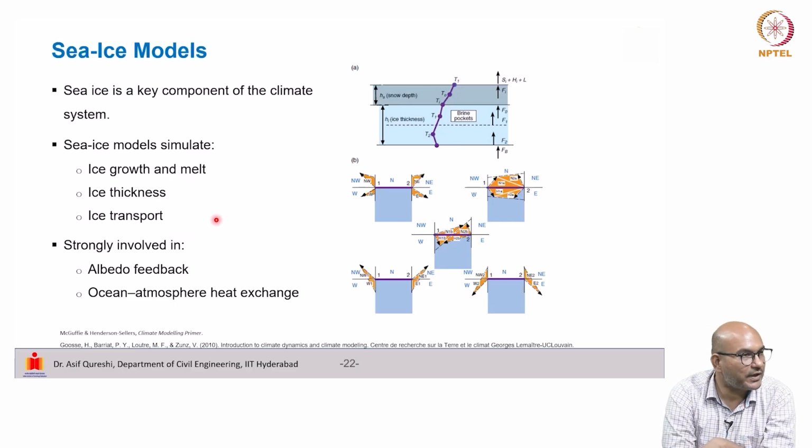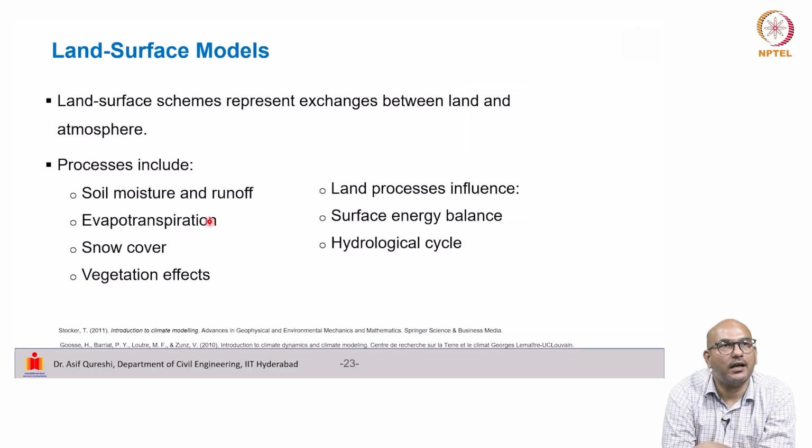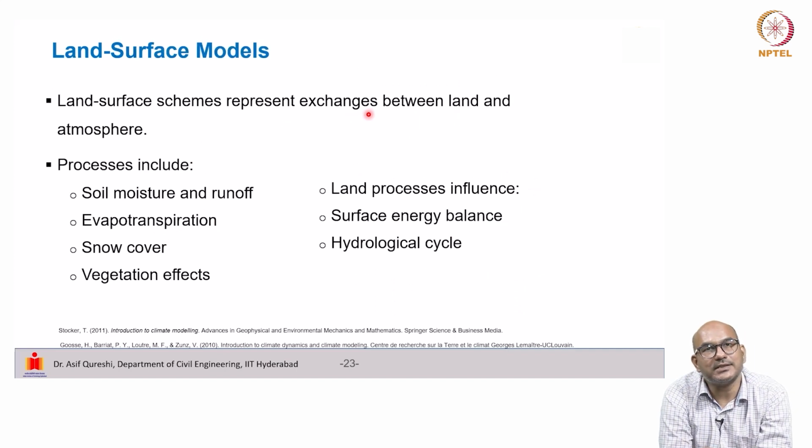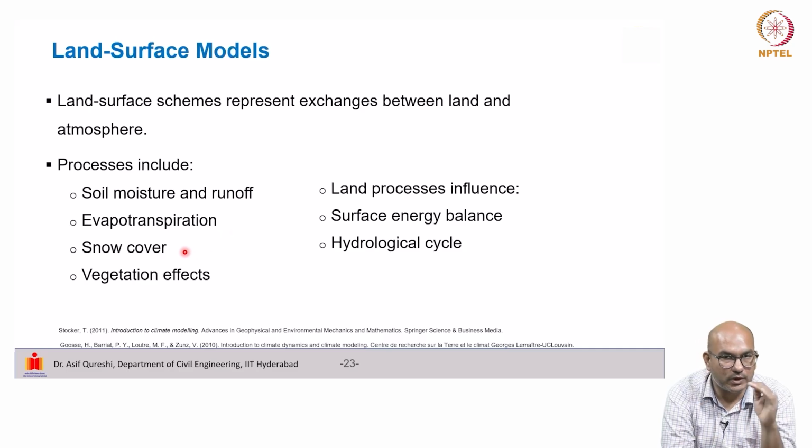After sea ice, we can look at the land surface. Land surface scheme represents the exchanges between land and atmosphere. So, that is sort of intuitive. The processes include parameterization of soil moisture and runoff of water from soil, evapotranspiration, the snow cover on the land, and the effects of vegetation on climate.